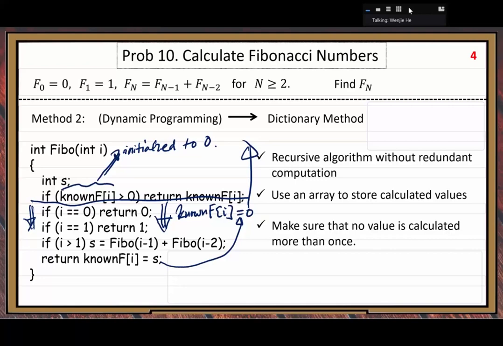So this is the dynamic program. In this way, you can keep the recursion, but at the same time, you remove the redundancy. Redundancy is gone. So that's method 2, dynamic programming. This method, we call it top-down.